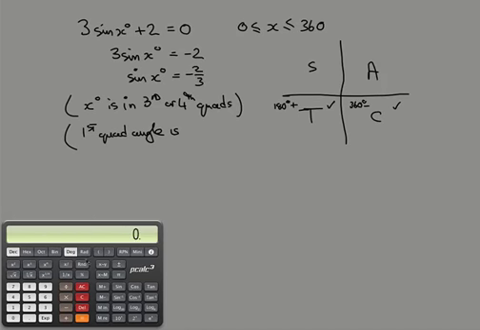So let's clear it all and start again. So 2/3, 2 divided by 3 is equal to there. There's 2/3, 0.66 repeater. And my inverse sine, the angle whose sine is this in the first quadrant, is 41.8. So let me put that down, 41.81, and so on. So that's my first quadrant angle.